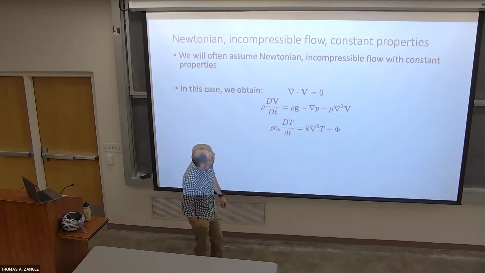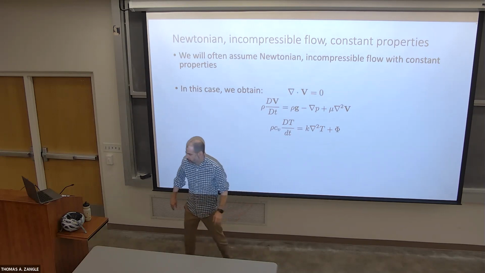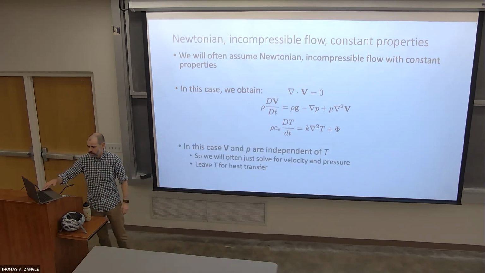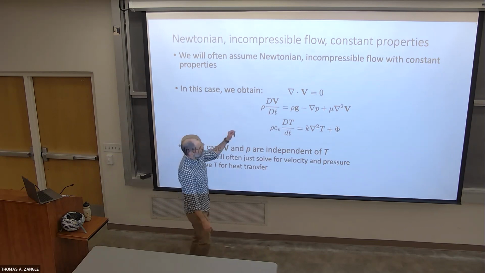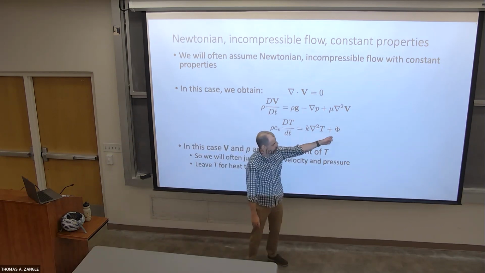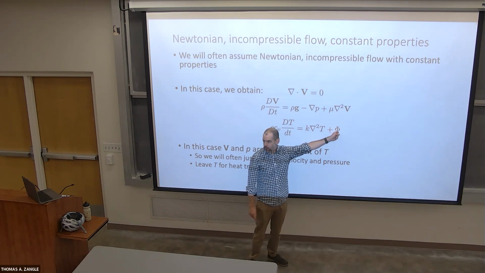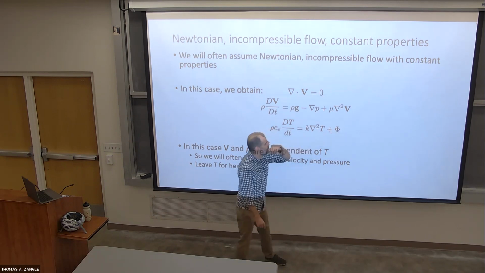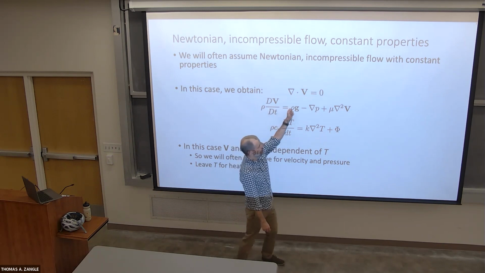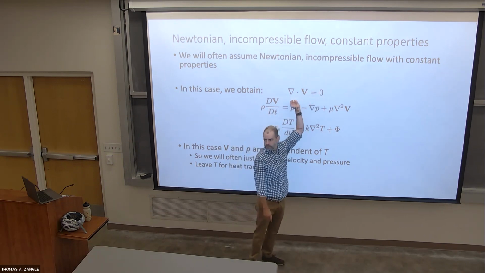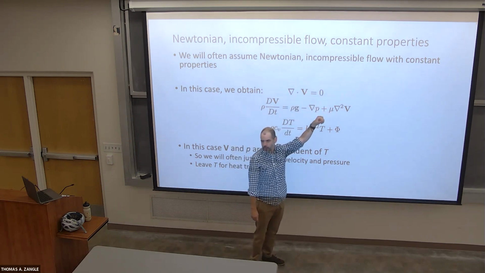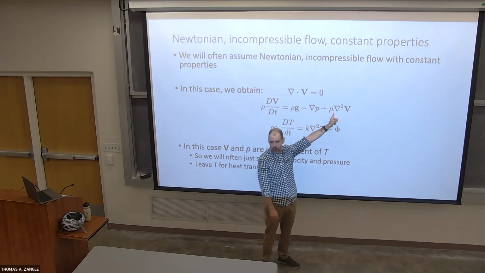So in this kind of flow, you'll notice that velocity occurs down here, right, in the viscous dissipation term, but temperature doesn't appear up here. Right, so if we assume constant properties, we could, for example, look up our viscosity for a given temperature.